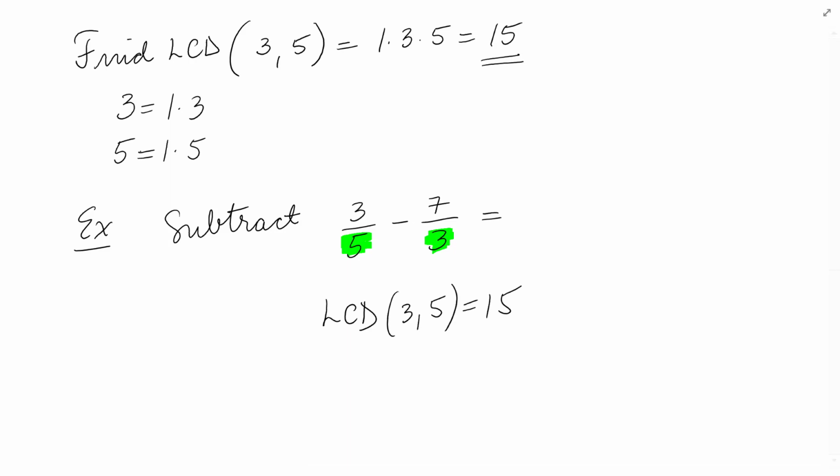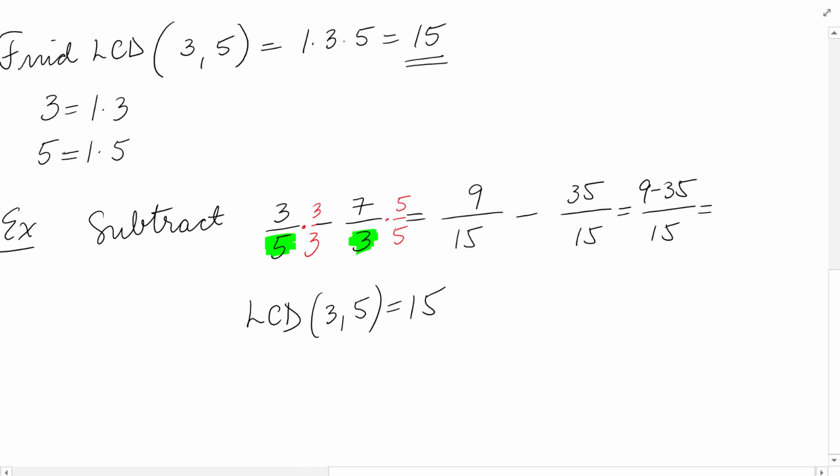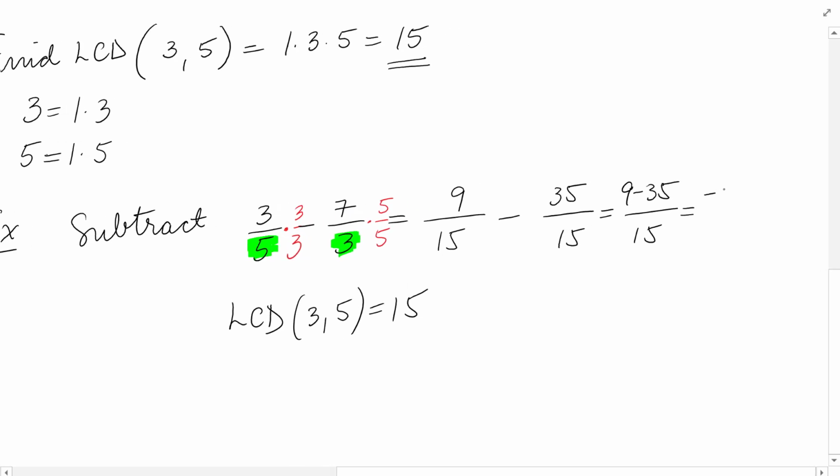So we have to multiply the first fraction by 3 over 3, and we have to multiply the second one by 5 over 5, so that we get 15 at the denominator in both cases. So 3 times 3 is 9, 9 over 15 minus 35 over 15. That means 9 minus 35 over 15, which gives us negative 26 over 15.